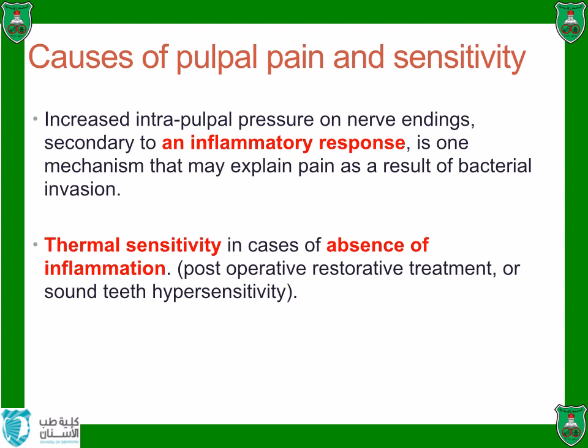I think most of you took lectures about reversible and irreversible pulpitis, and this is related to the inflammatory response of the pulpal tissue toward bacterial invasion from deep carious lesions. The other reason is thermal sensitivity, and this is in cases of absence of inflammation, as it happens after restorative treatment or when we have sound teeth with hypersensitive reaction to certain stimuli.